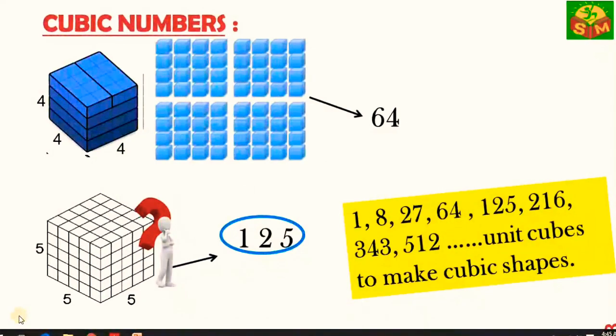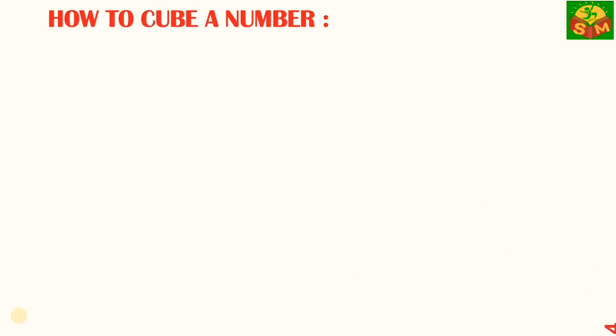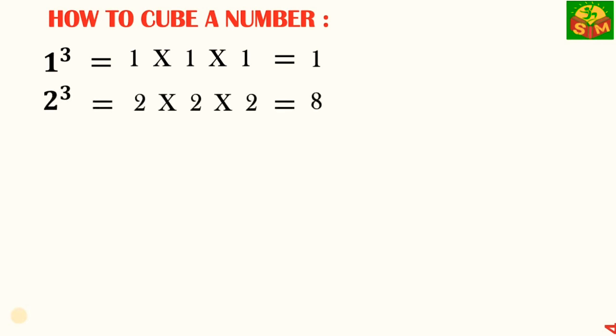Now let's see how to cube a number. To cube a number, just multiply it 3 times by itself. Here are the first few cube numbers. 1 cubed is 1 itself, 2 cubed is 2 times 2 times 2 gives us 8.